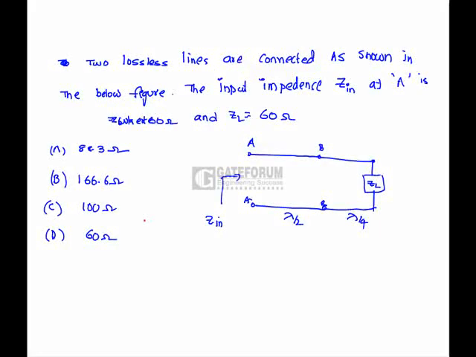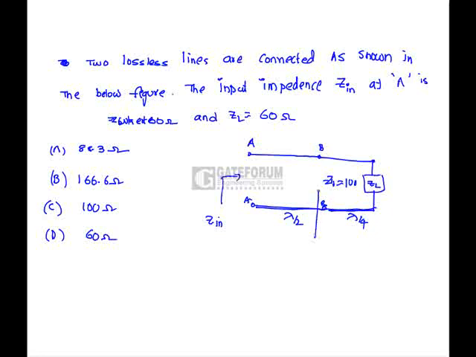Two lossless lines are connected as shown in the figure below. The input impedance Zin at A is? Where Z0 is 100 and ZL is 60. So we know that this line is a quarter wave line, and this is a lambda by 2 line.